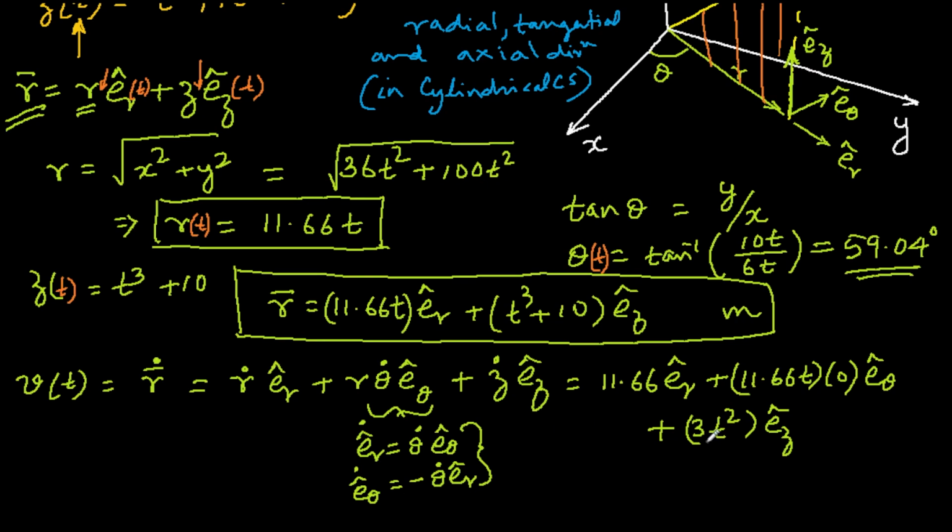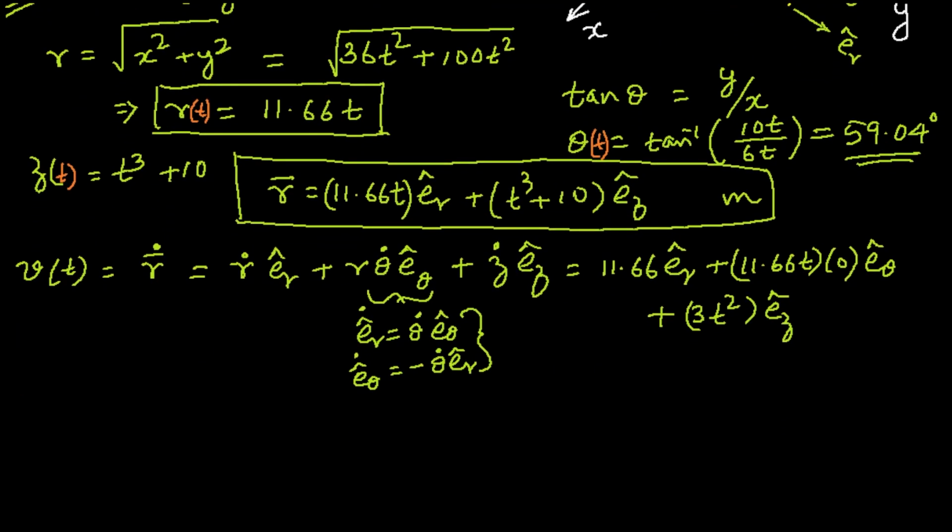So that's the expression for velocity. Your v(t) is nothing but 11.66 eR plus 3t squared eZ. This is in meters per second.